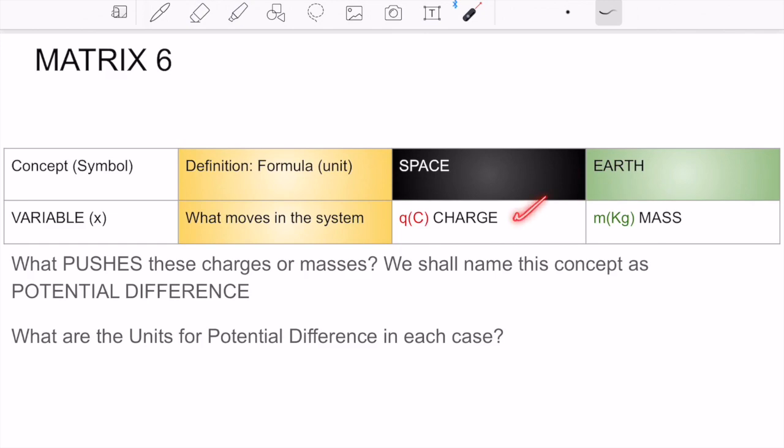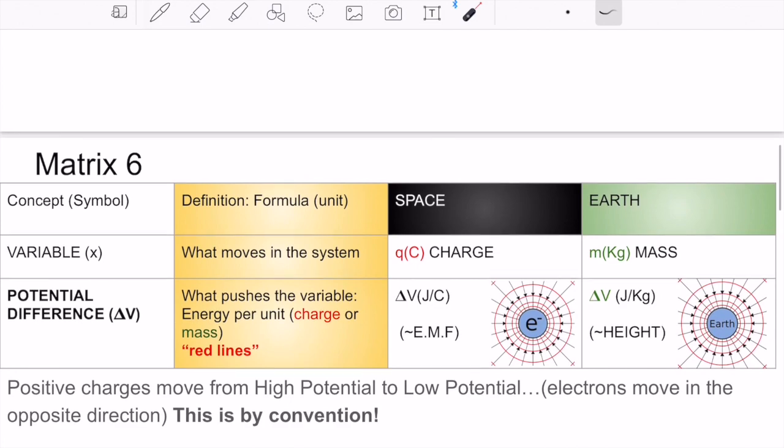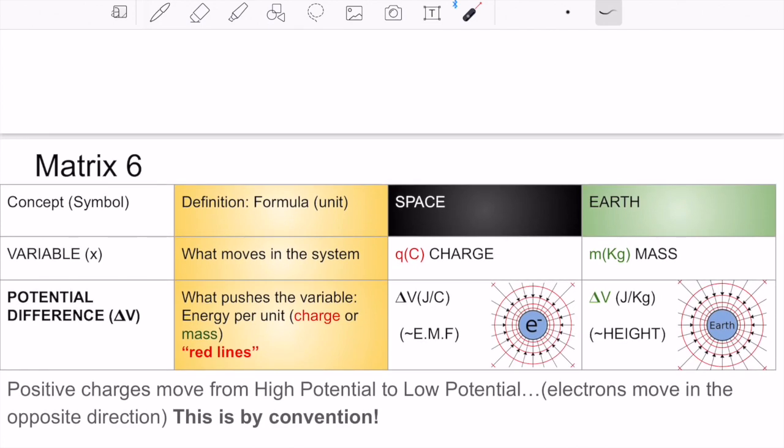Something moves because something pushes, and we know what pushes. The potential difference pushes. It can be defined mathematically as energy per unit charge or energy per unit mass. Potential difference is what pushes. That means the energy per unit mass or the energy per unit charge.